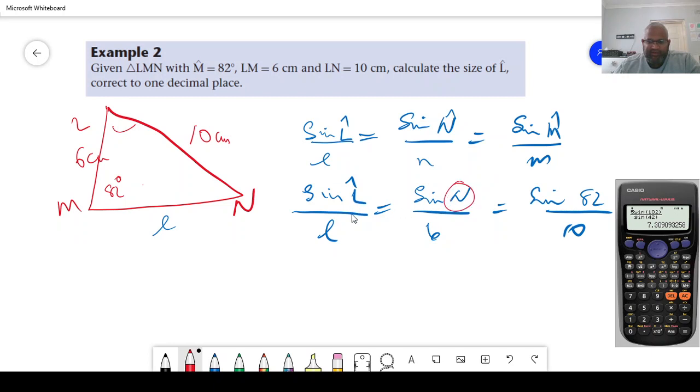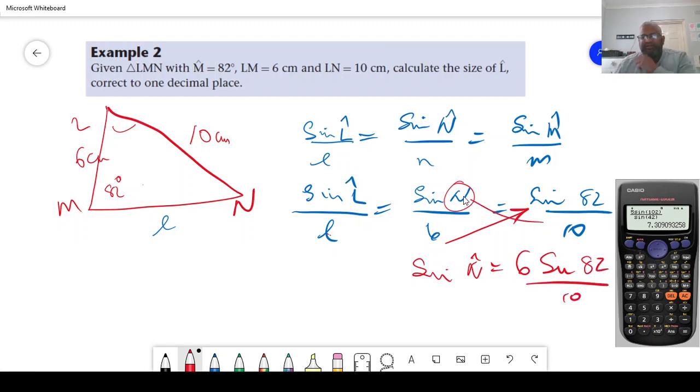As I said, you can't calculate L because we don't have that length. So I'm going to take that 6 up, so sine of angle N is equal to 6 sine of 82 over 10. Otherwise we could have cross multiplied, which would give 10 sine N equals 6 sine 82, then divide both sides by 10 to get sine N on its own.